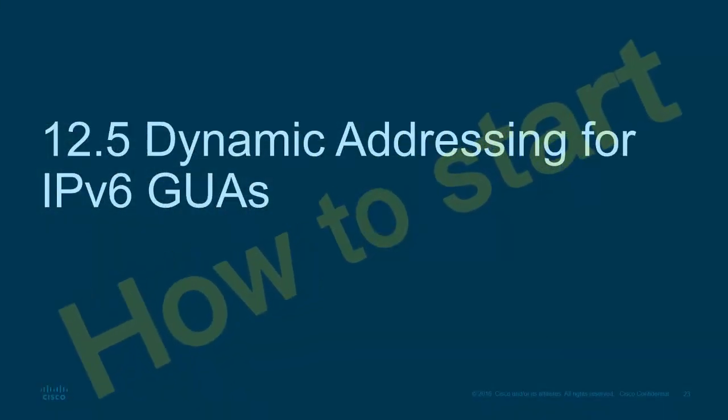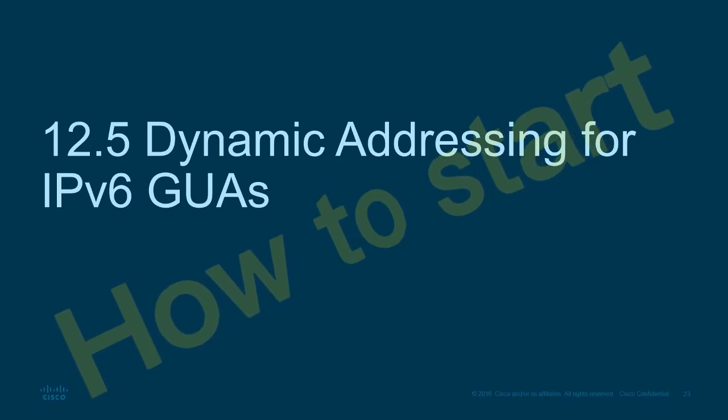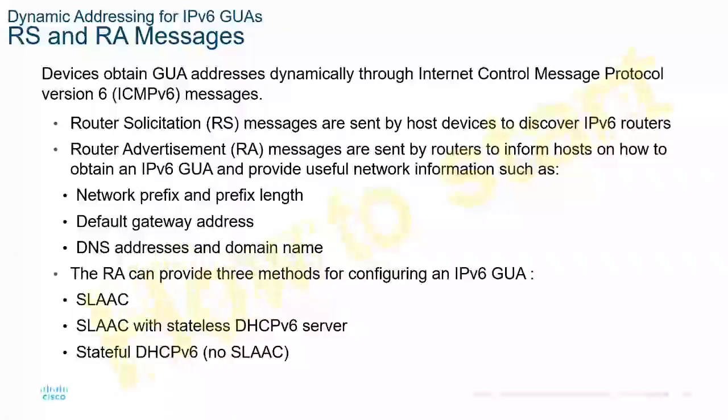So, dynamic addressing for global unicast addresses. Devices obtain these addresses dynamically through ICMPv6. There are a few router messages we have to understand to see how these addresses actually get obtained: router solicitation and router advertisements.